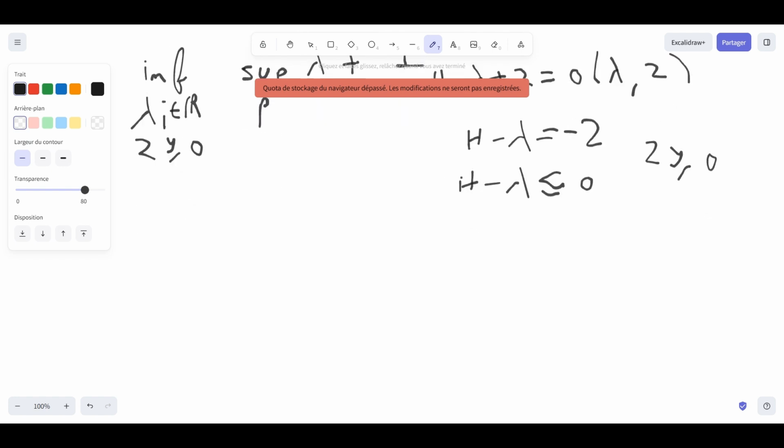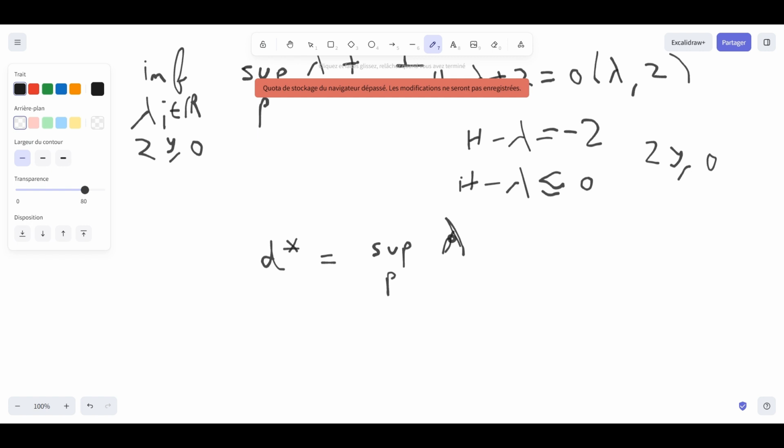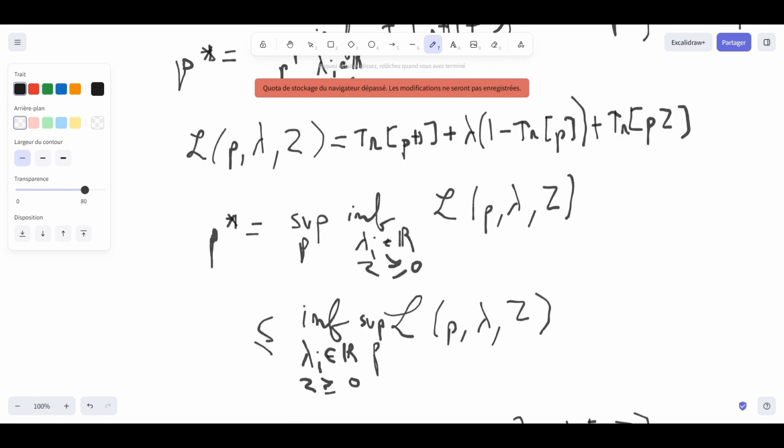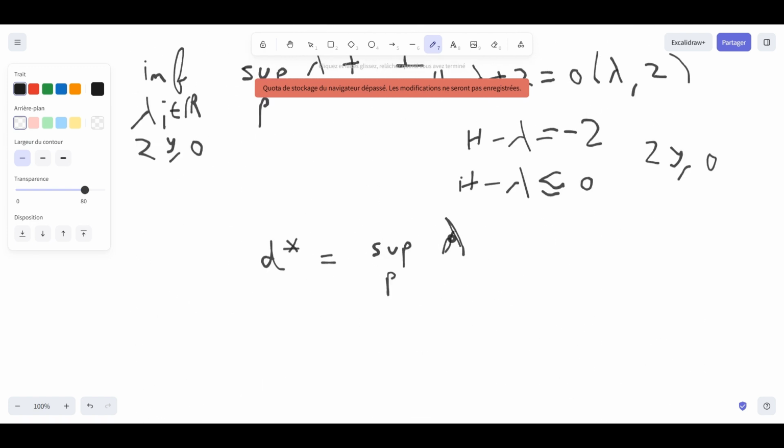And so our dual is just this. It's the inf, because we changed it like this, so it's inf of sup, inf of sup.